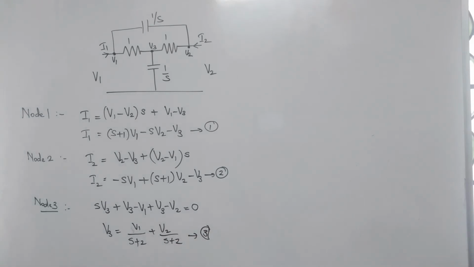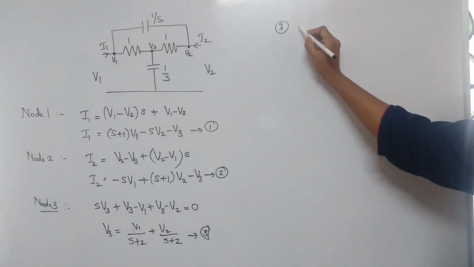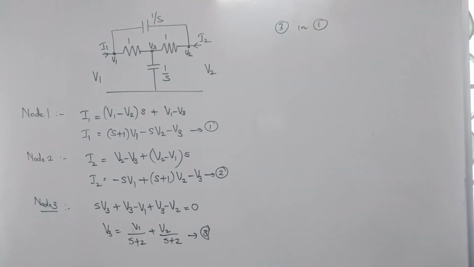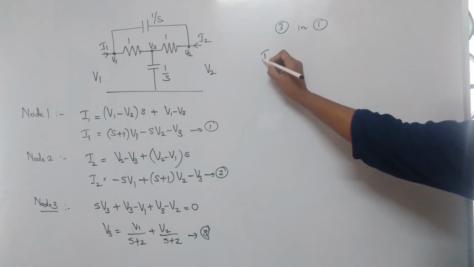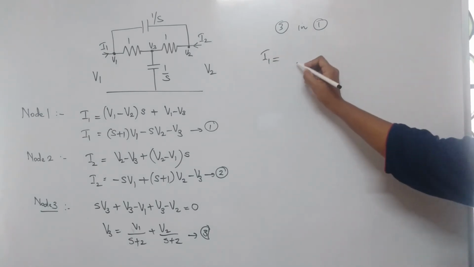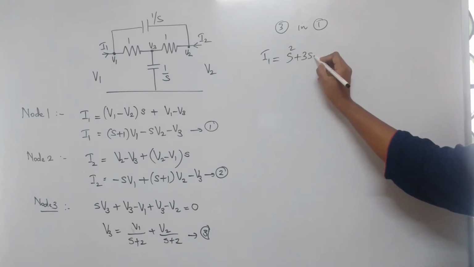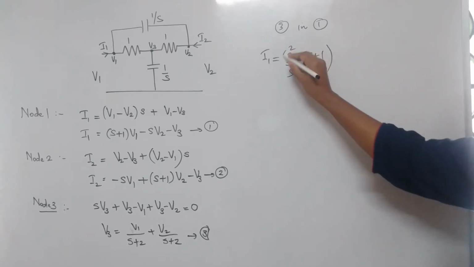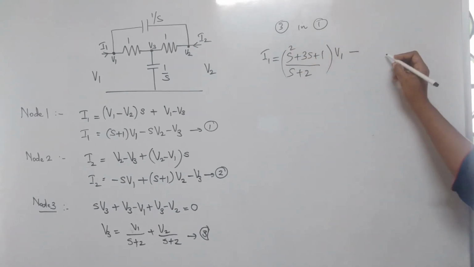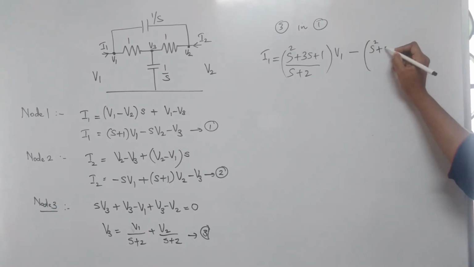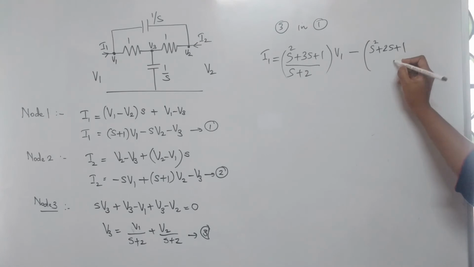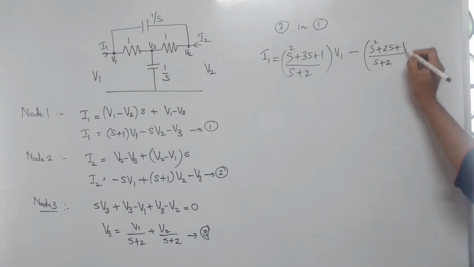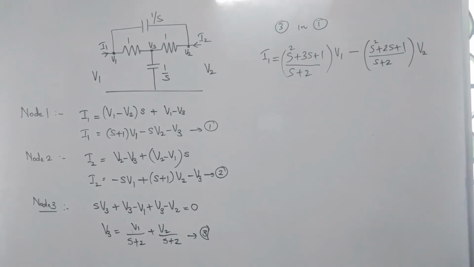Now we can substitute 3 in 1 and 3 in 2. So when we substitute 3 in 1, after simplification we will get I1 is equal to S square plus 3S plus 1 by S plus 2 into V1 minus S square plus 2S plus 1 by S plus 2 into V2.